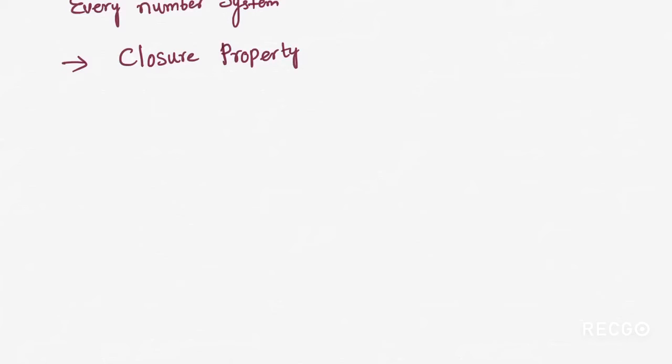The name itself indicates the property of closeness. Suppose we have two integers, 3 and 4. We want to know about the closure property. By examples we can get the definition also.